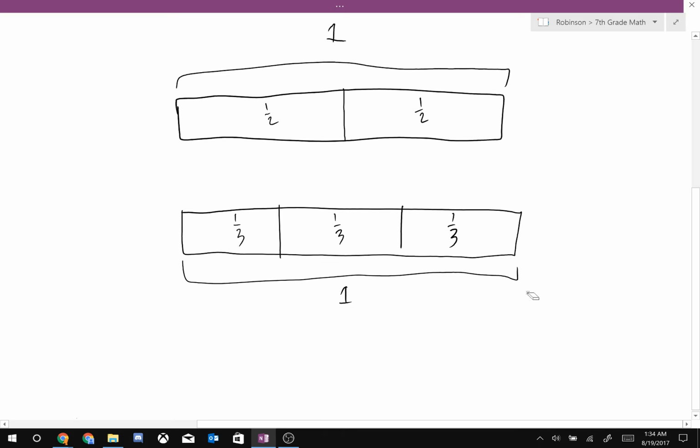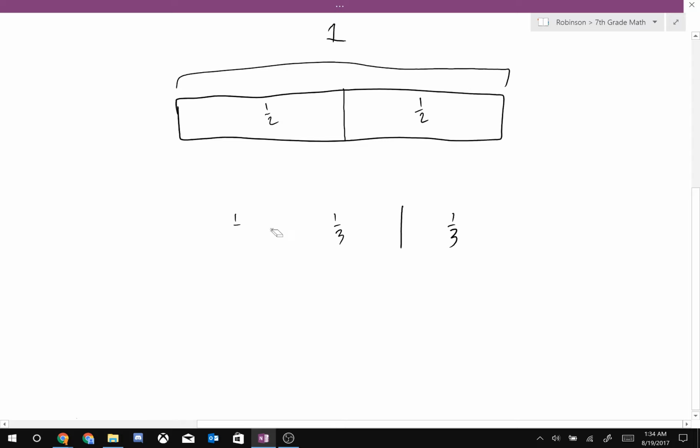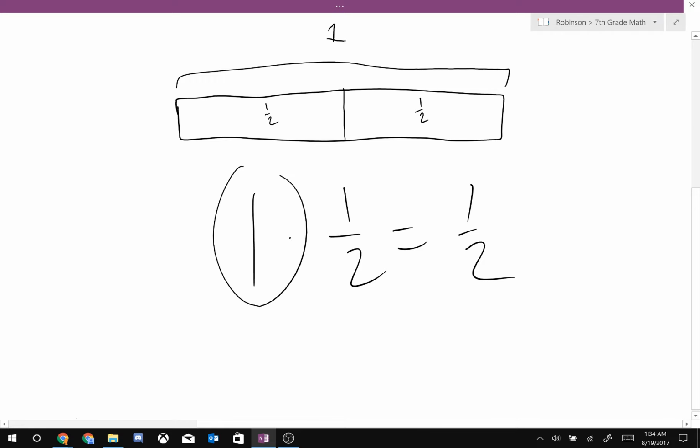If I was to tell you to take half of this, you would give me probably that half, right? Because 1 times 1/2 is 1/2. We know that, right? Anything times 1 is itself. That's easy.